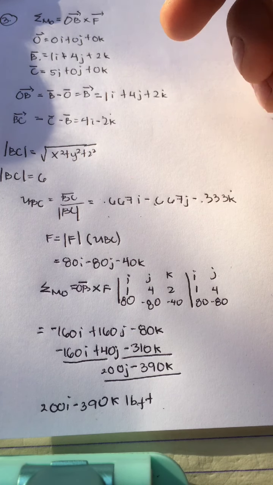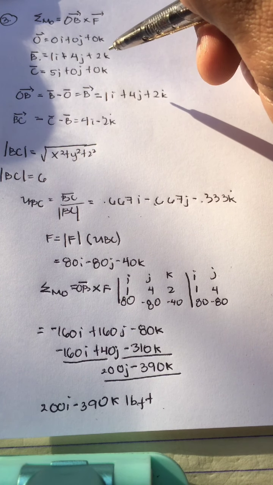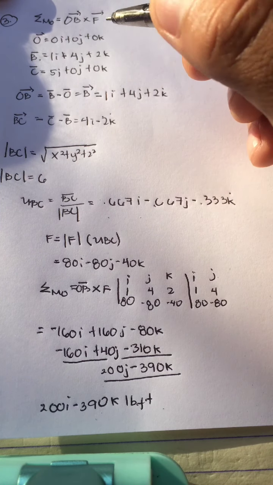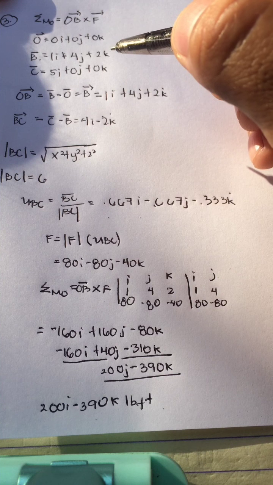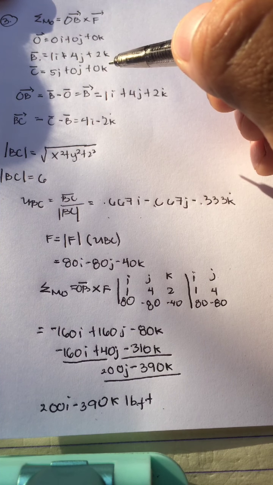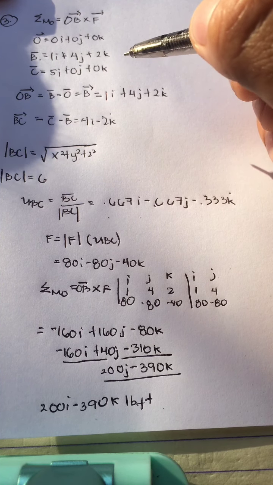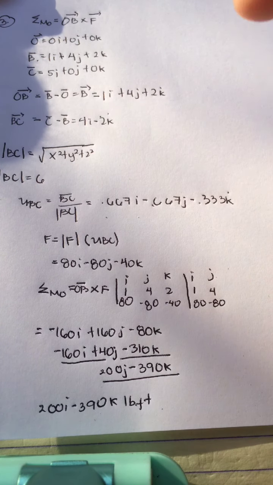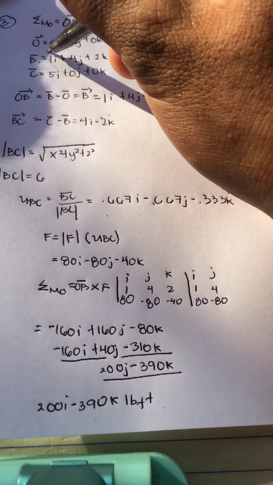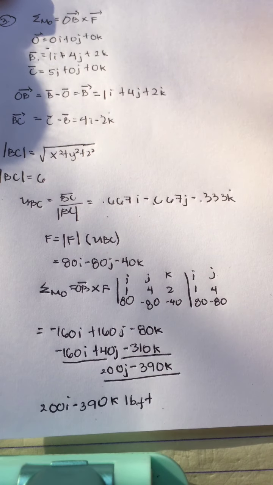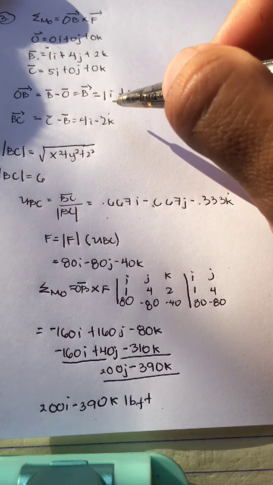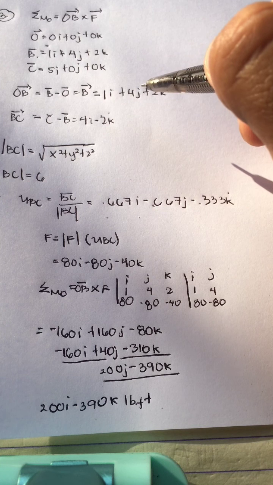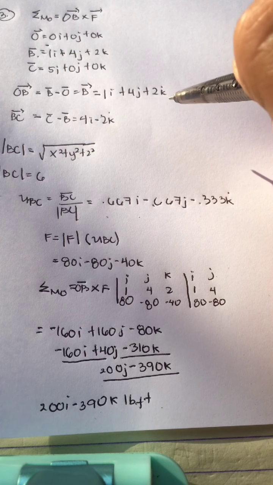So to get the OB vector, the OB vector is equal to the B vector minus O, which is equal to the B vector. We just subtract to get the OB vector. So the result is 1i plus 4j plus 2k.